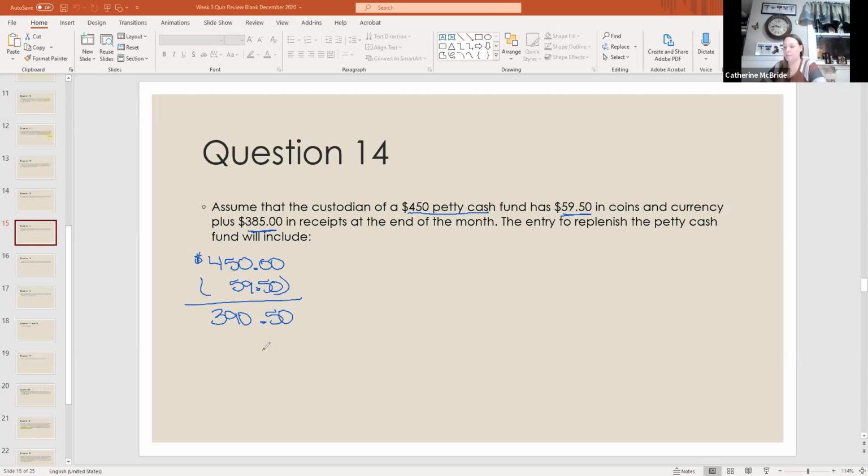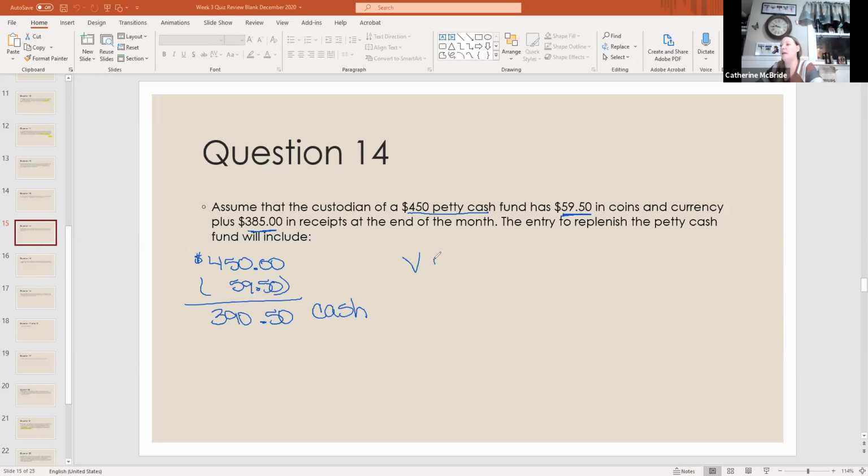Okay, so in order to get back to $450, when we only have $59.50 in there, we need to get money. We need cash equal to $390.50.